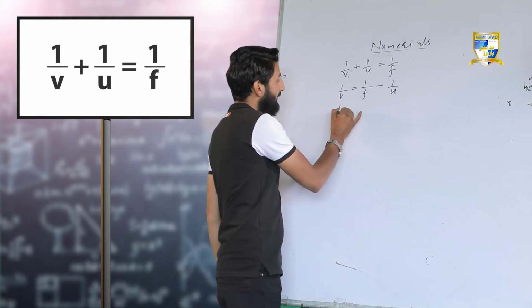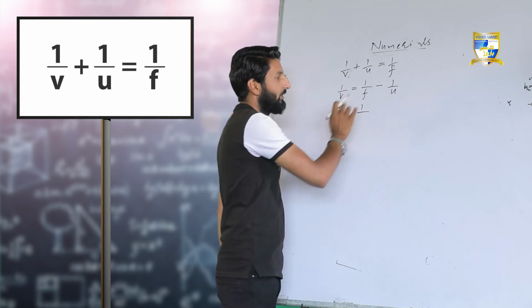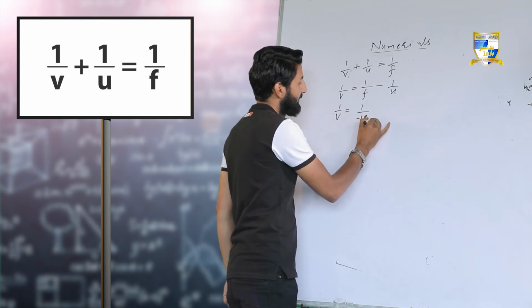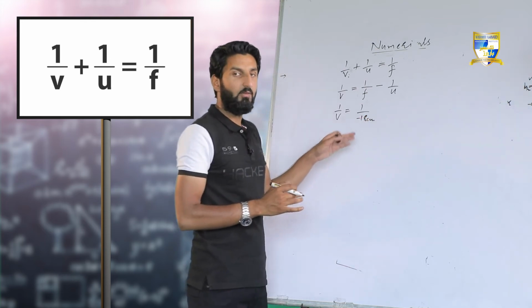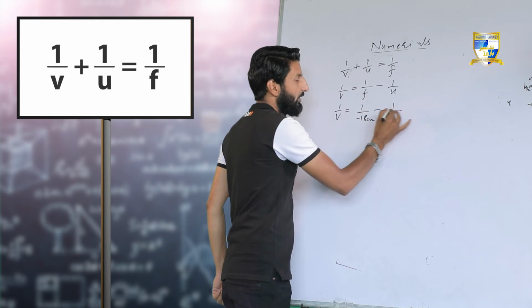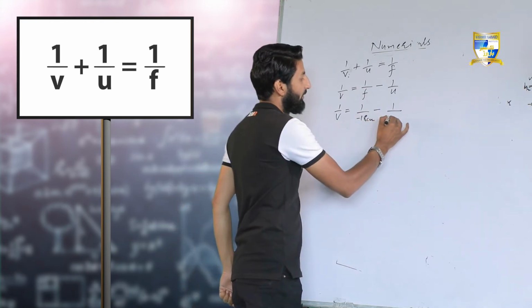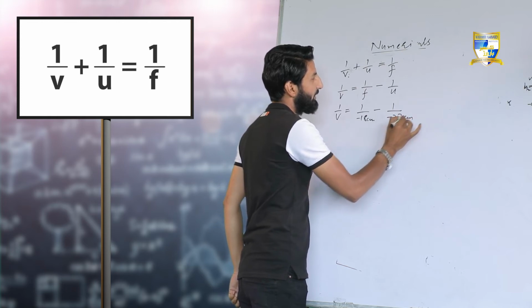1 by V is equal to 1 by F. The value of F is minus 18 centimeter because it's a concave mirror. Minus 1 by U. U is the object distance, given to be minus 27 centimeter.